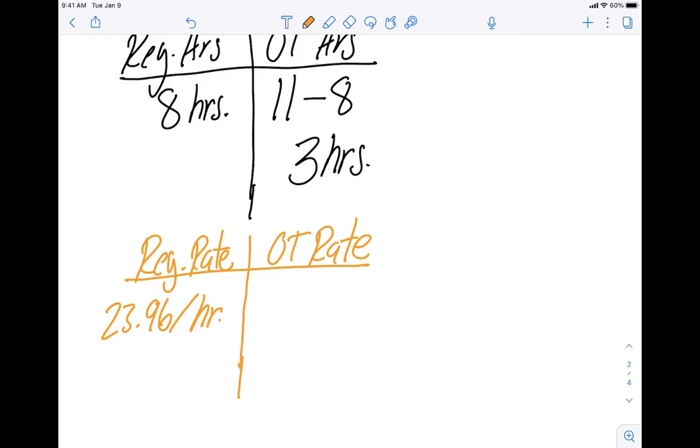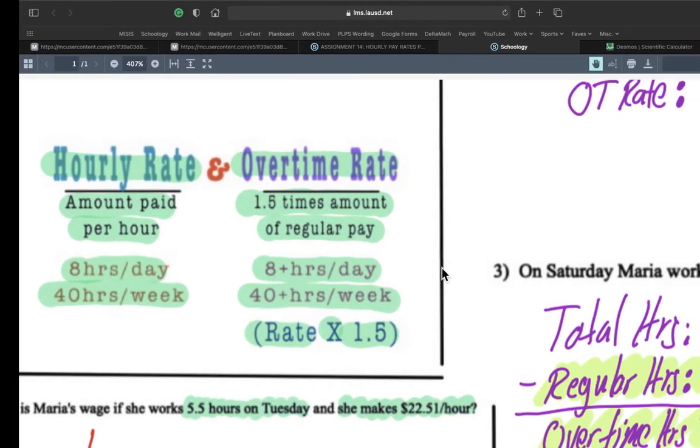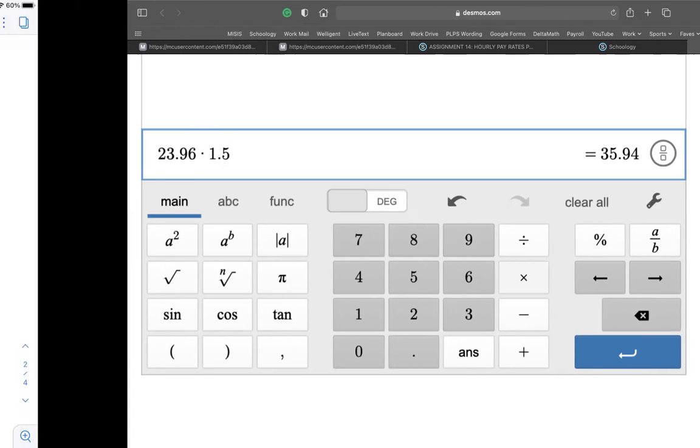And the overtime rate is we take the regular rate, which is $23.96, and we multiply by 1.5, which is the overtime, right? So 23.96 times 1.5. Let's go back here to the calculator. 23.96 times 1.5. 35.94.